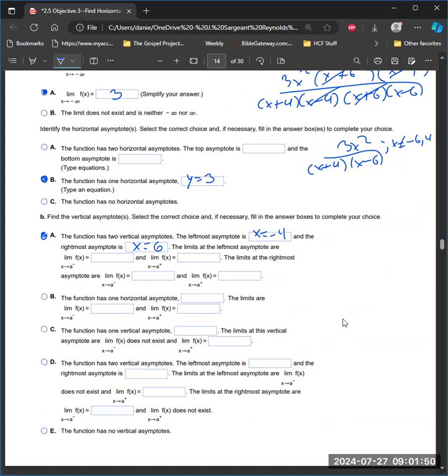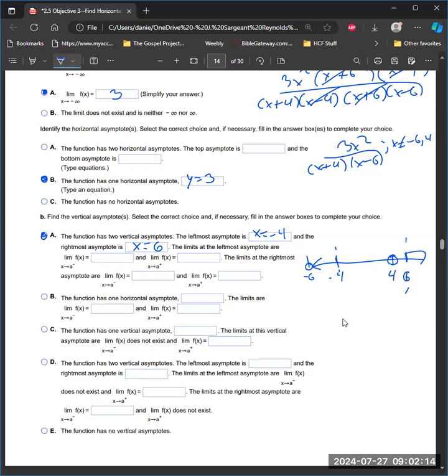Leftmost asymptote, let's just look at what happens here. -4 and 6 are my asymptotes. I also have a hole at -6, and I have a hole at +4.